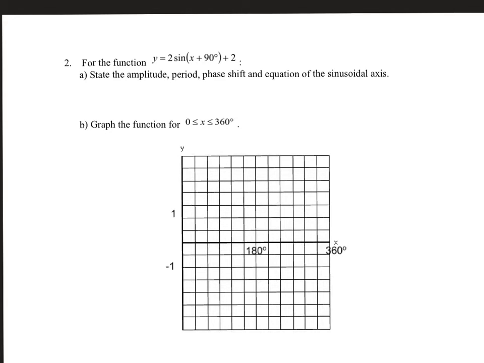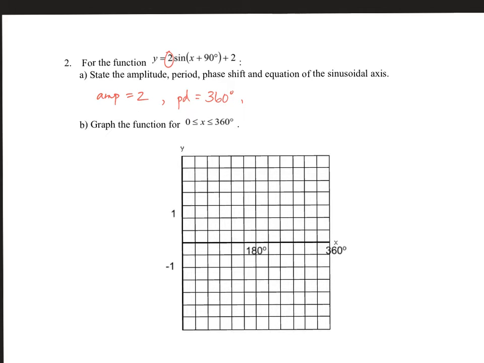Okay, hopefully we're back. So we should see that we've got an amplitude of 2 because we can read that directly from the equation. We take a look at our period, and maybe we look at it and we say, I'm going to use my best friend, 360 divided by k. But I would hope that we would also look and say, there was no horizontal stretch. And so my period didn't change. So my period is still 360.